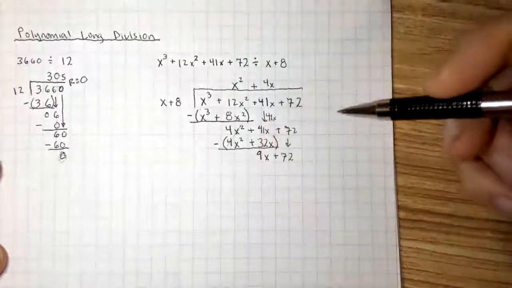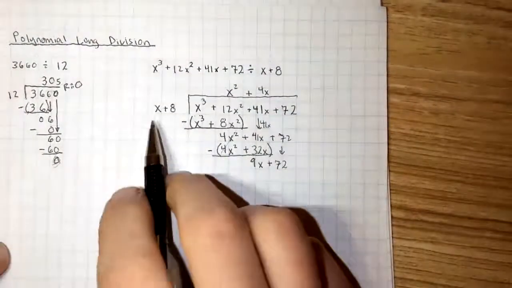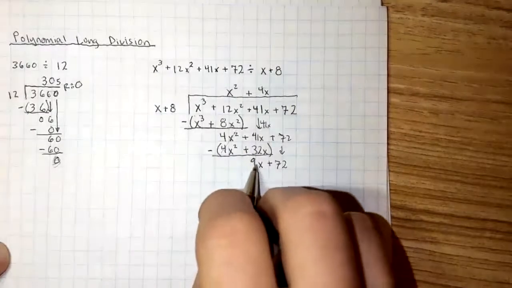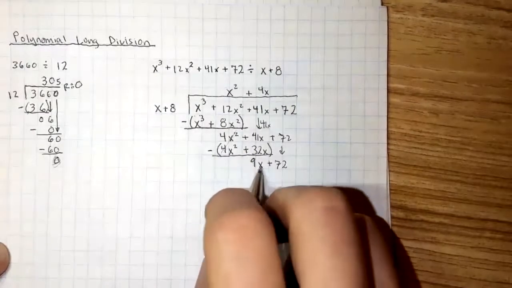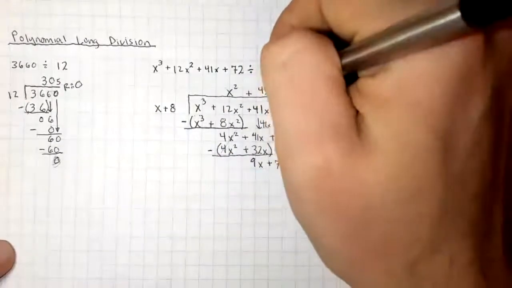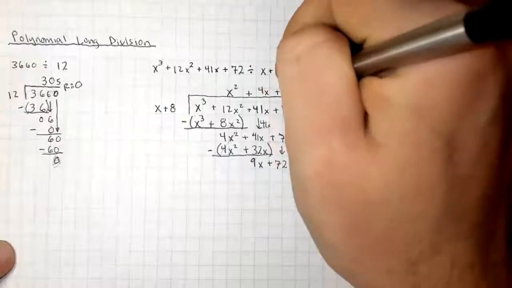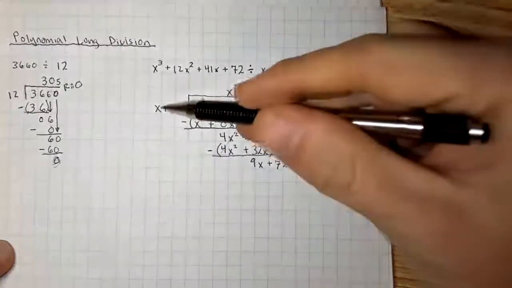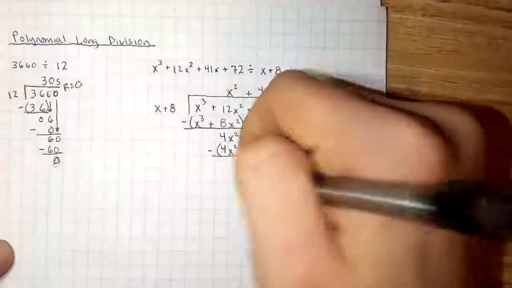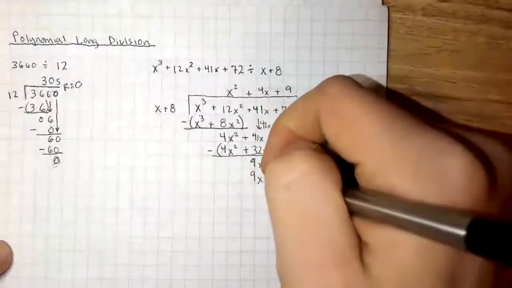Fantastic. Almost done here. So once again, what do I multiply by x to make 9x? Or, what's 9x divided by x? The answer to that is 9. 9 times x makes 9x. 9 times 8 makes 72.